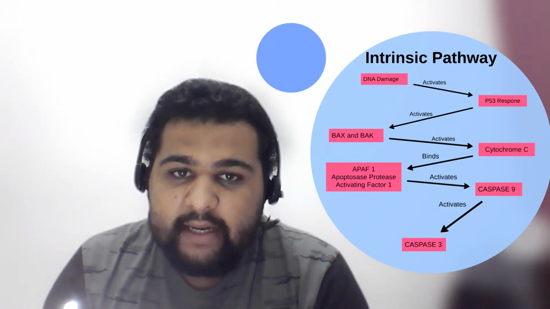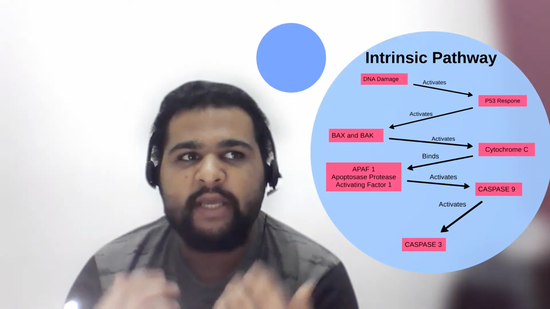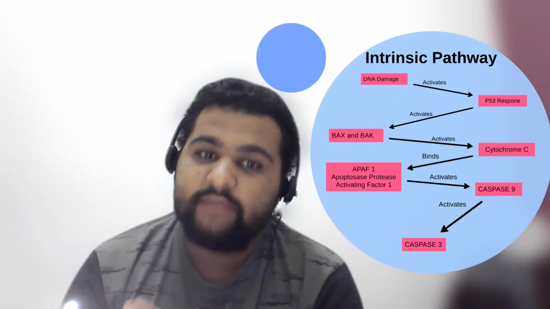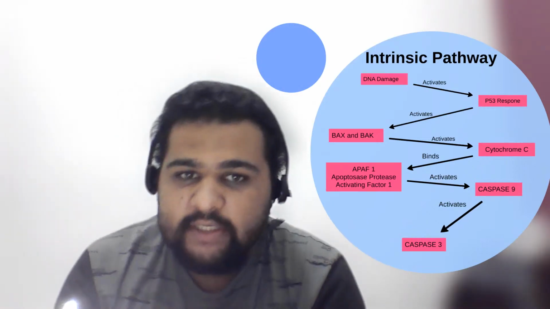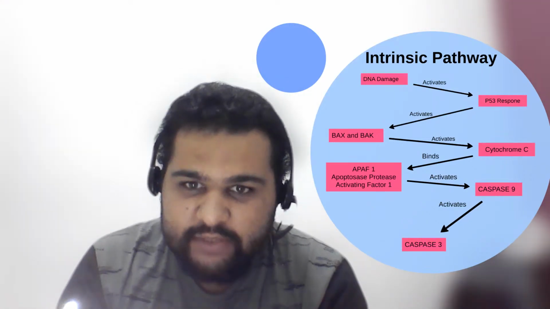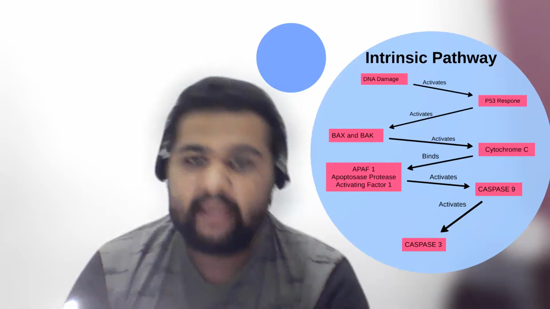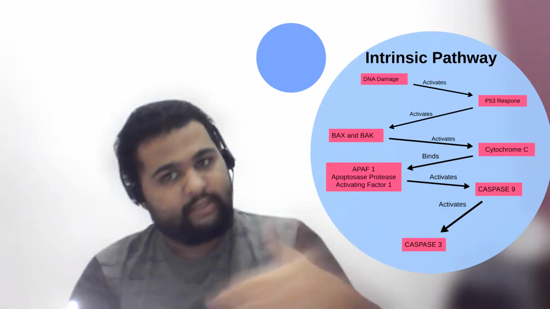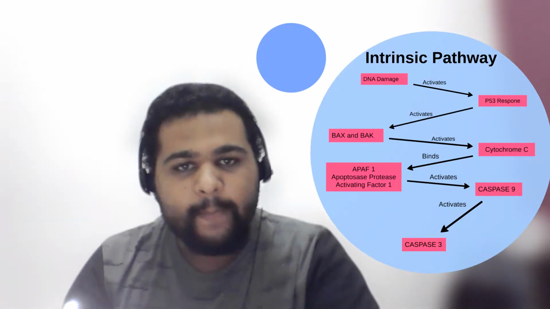When BAX and BAK come into play, they essentially increase the permeability of the mitochondria, which releases cytochrome c, and cytochrome c binds with APAF1, which is apoptotic protease activating factor 1. When APAF1 and cytochrome c are bound together, they activate caspase 9. Caspase 9 then goes and activates caspase 3, which then results in the death substrate being activated in the same apoptotic process.